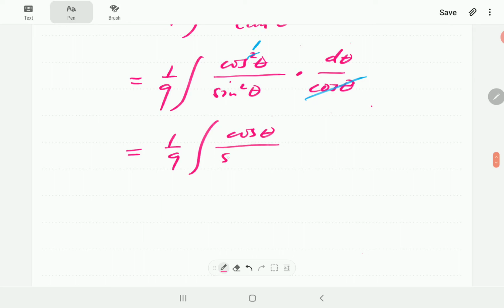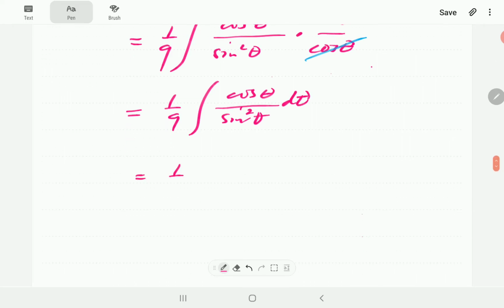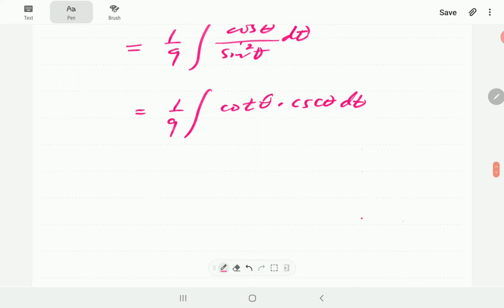However, we're going to show you that perhaps we can write this as a standard integral. You can write this as cosine over sine, which is cotangent, and then 1 over sine is cosecant. This is a standard integral. The derivative of cosecant is negative cosecant cotangent.